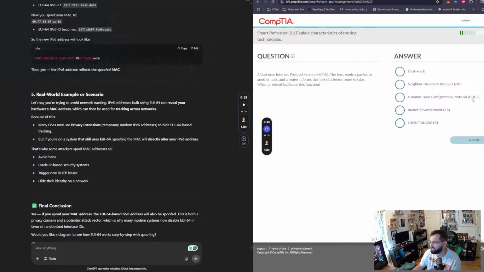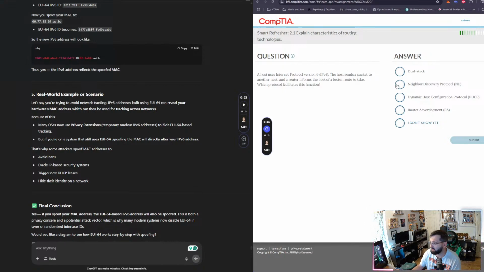It is not DHCP. That has to do with giving out private IP addresses, which we went in depth hardcore yesterday. Dual stack has to do with like IPv4 talking to IPv6 and vice versa, where basically you have both. Neighbor discovery protocol, and then routing advertisement.